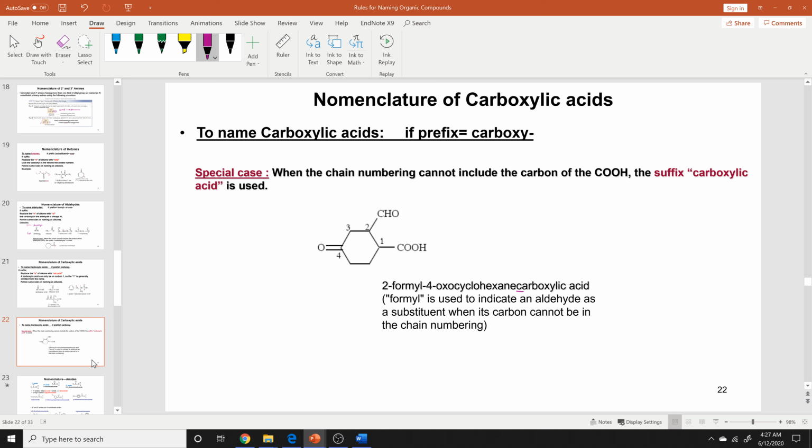To do this, I'm going to name the carbonyl of the ketone oxo, and the carbonyl of the aldehyde, I'm going to name formyl. So on carbon number 2, you arrange in alphabetical order. On 2, formyl. Formyl means it's an aldehyde, and oxo in this case means it's a ketone.